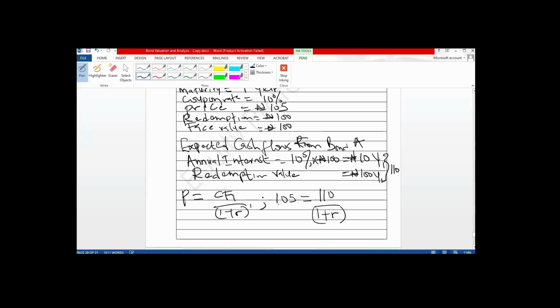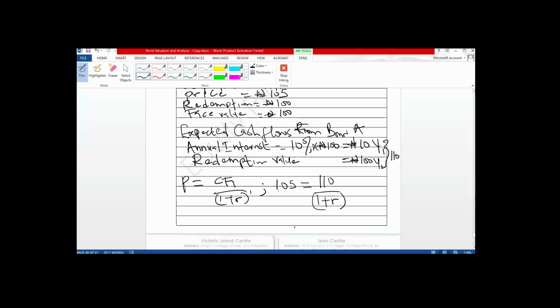I don't know the spot rate in year 1, that is what I'm trying to calculate. The price of the bond is 105, in 1 year's time it's going to be 110. What is that spot rate that makes 105 grow and become 110 in year 1? What is R?